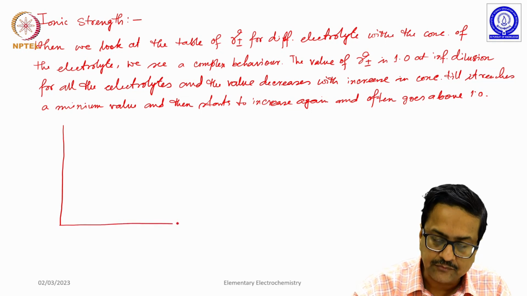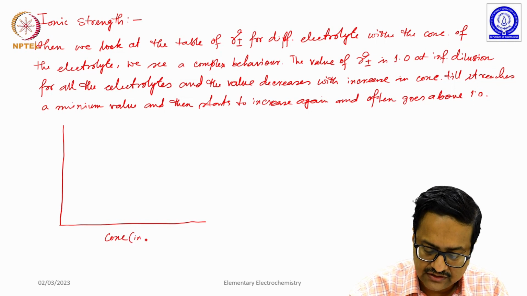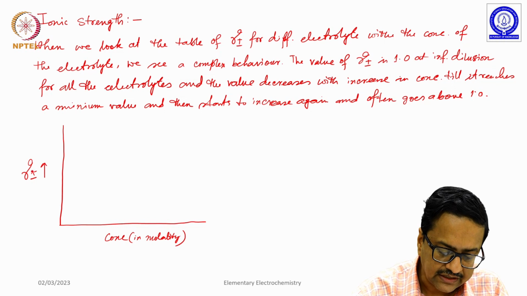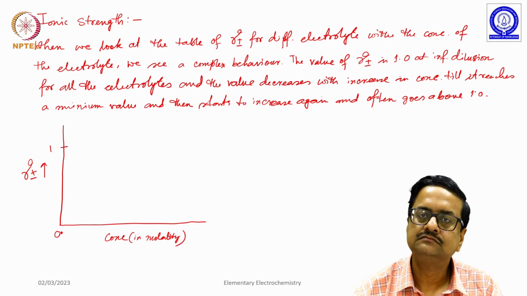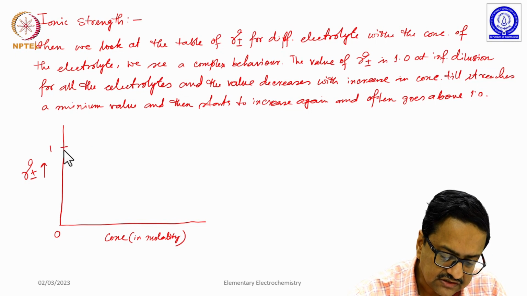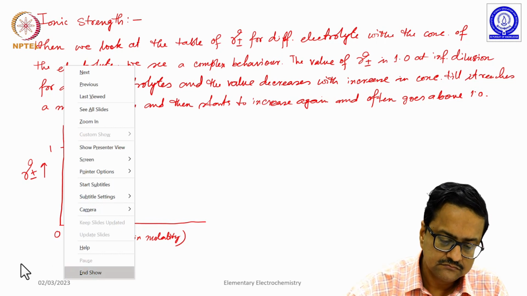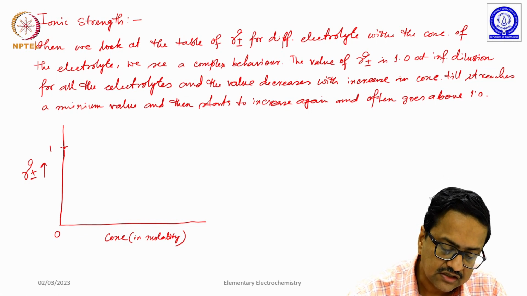So, when we plot these values of gamma plus minus versus concentration in molarity for various electrolytes, we see a plot like this, what I am going to draw here. Concentration in molarity on the x axis versus gamma plus minus on the y axis, with a value of 1 for a concentration 0. For HCl, what we see is like this.